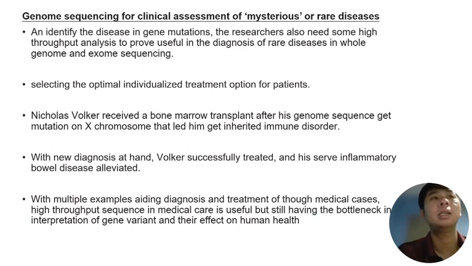Next, genome sequencing can also find some rare diseases or mystery diseases. The researchers also need some high throughput analysis to prove successful diagnosis of rare cancer, using whole genome and exome sequencing.